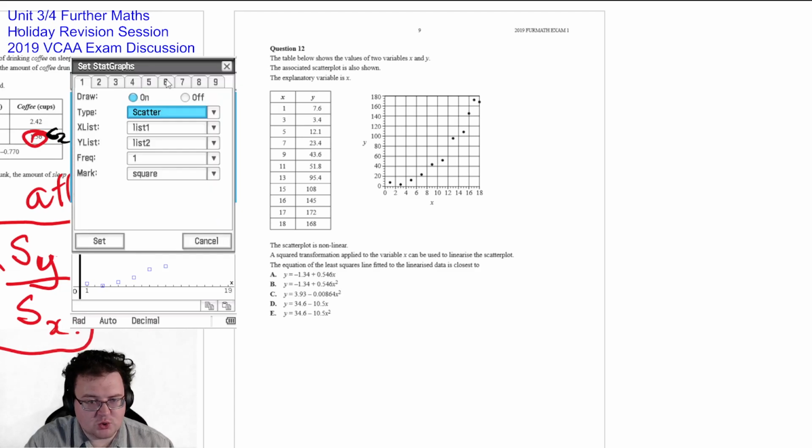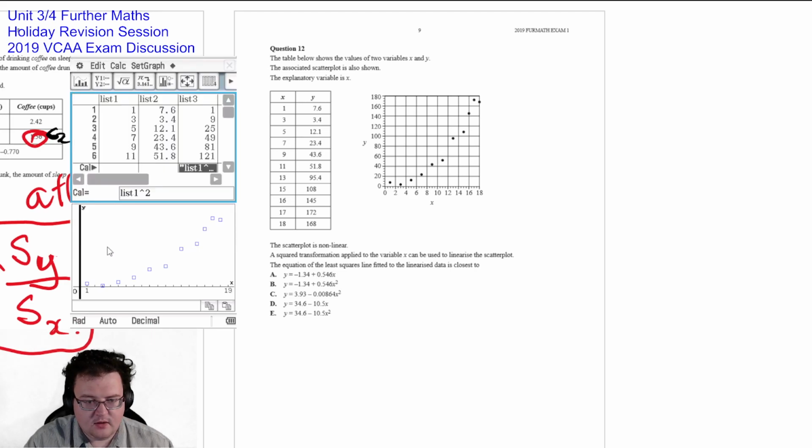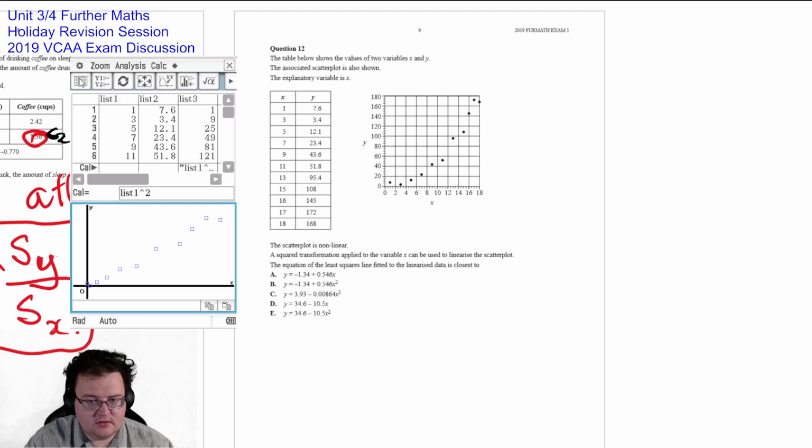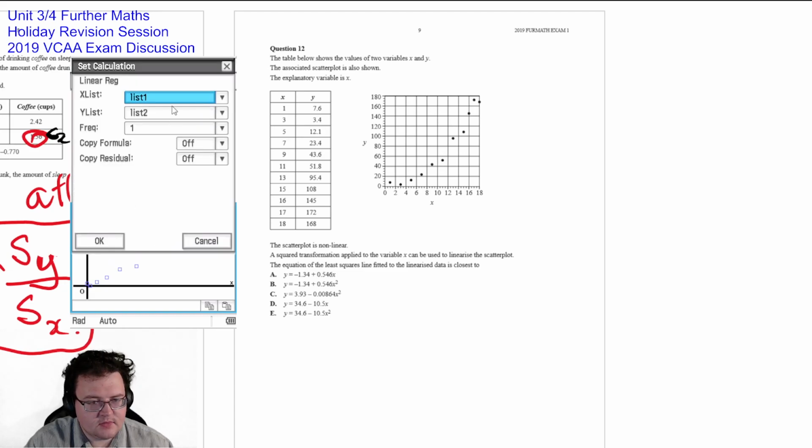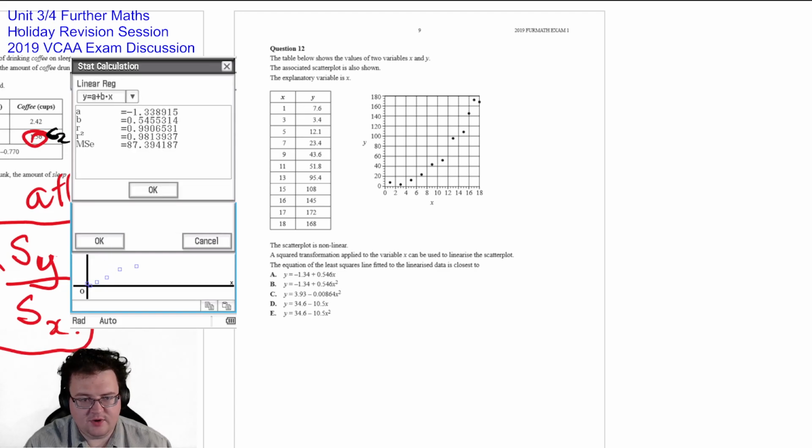I'm going to redraw, and instead of list 1 being my x list, list 3 will be my new one. Now if I draw that scatter plot, it's a little better. It's not a perfect system. What we can now do is calc, regression, linear regression, list 3, list 2, and we get those numbers there.